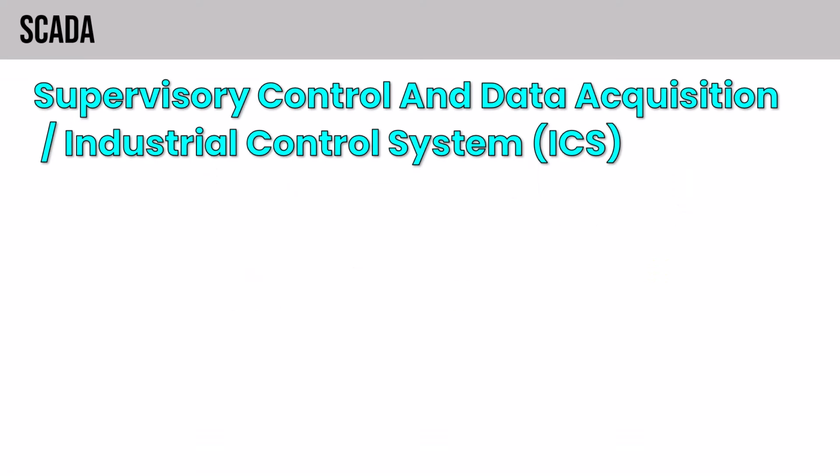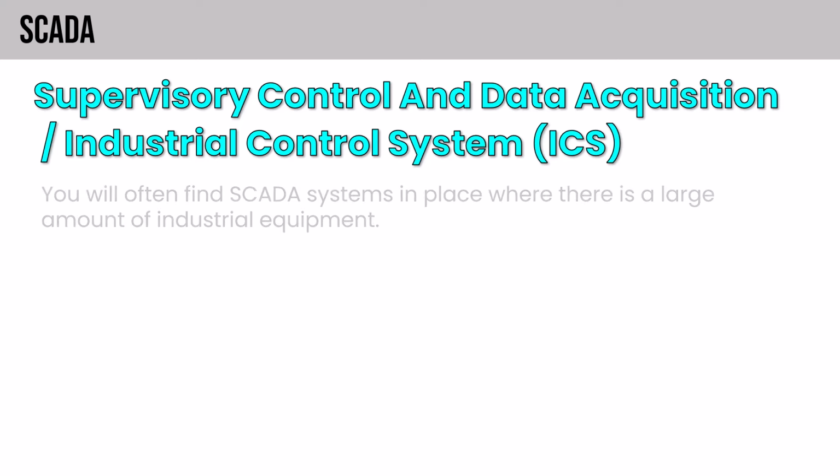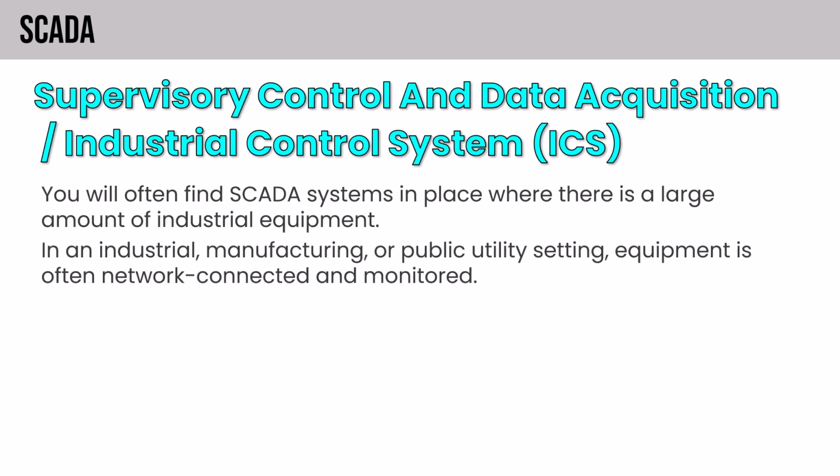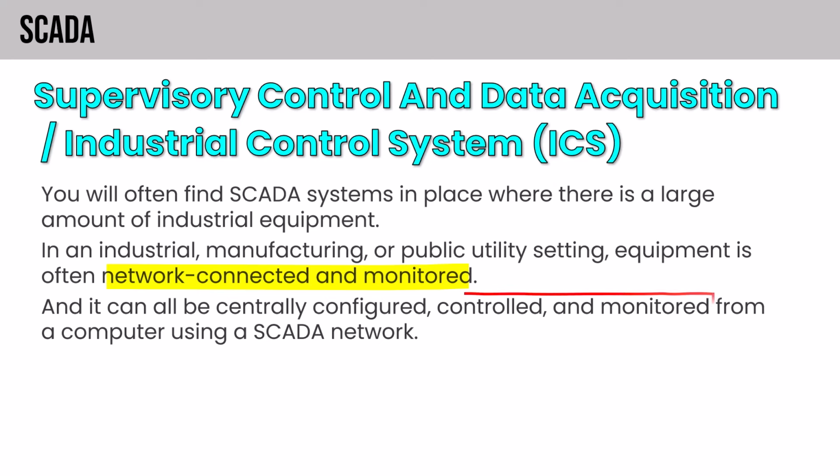Okay, so let's talk SCADA. So a long acronym here, Supervisory Control and Data Acquisition, or Industrial Control System. So you'll often find SCADA systems in place where there is a large amount of industrial equipment. In an industrial, manufacturing, or public utility setting, equipment is often network connected and monitored, and it can be centrally configured, controlled, and monitored from a computer using a SCADA network.